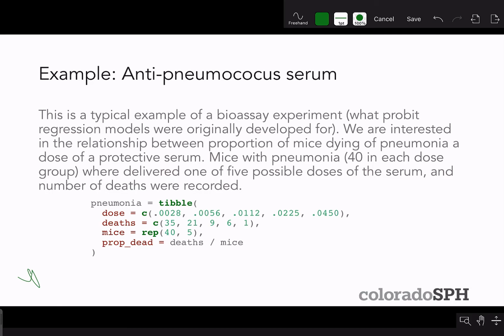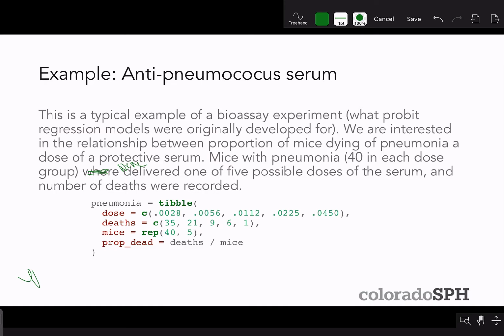There are mice with pneumonia, 40 in each dose group, who were delivered 1 of 5 possible doses of the serum. And the number of deaths was recorded.